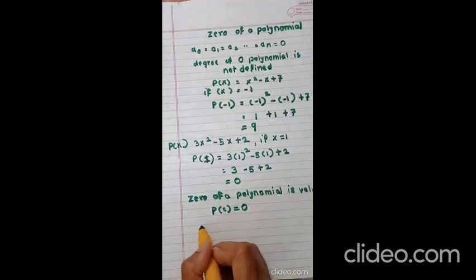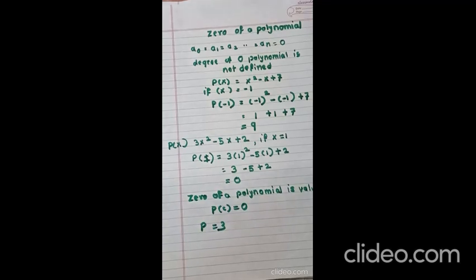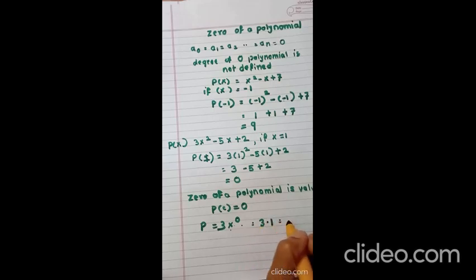Consider the polynomial p(x) is equal to 3. Every real number is a zero of the zero polynomial. Here the coefficient is 3 and the exponent of the variable is 0. So we can replace x by any value, and the answer remains 3. So 3 into any value never gives you 0.